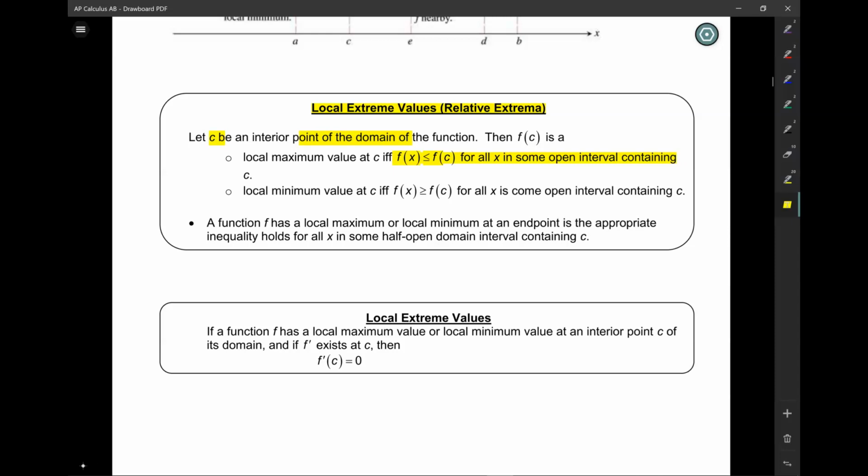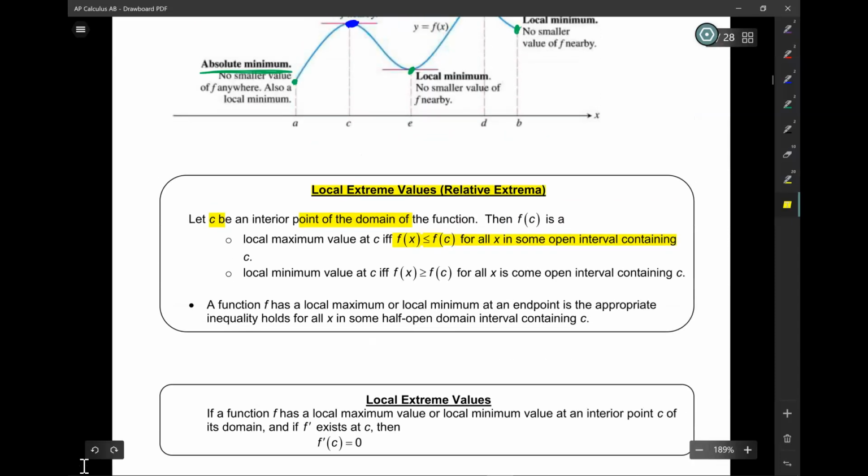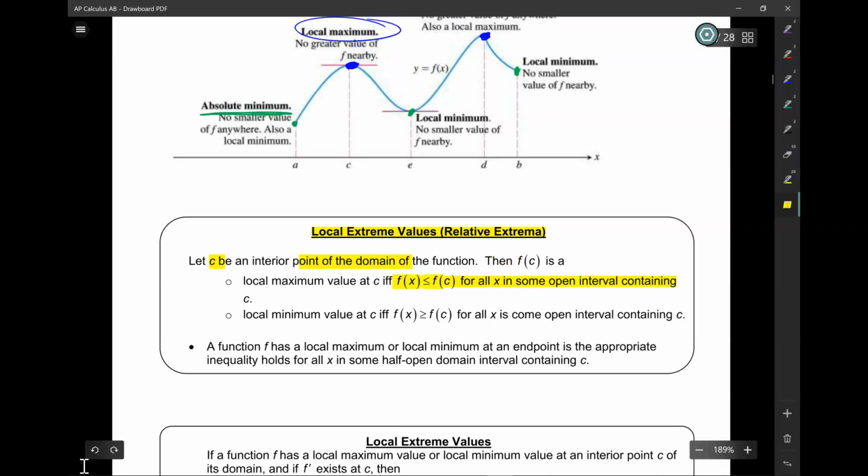Let me say that another way. Something could be considered a local maximum if there are any other points which are lower than that. And that makes sense, right? Something can be considered a local minimum if there are any values that are in any way higher than that.